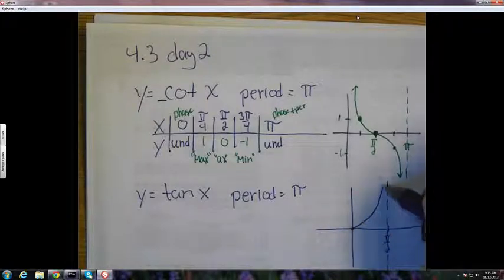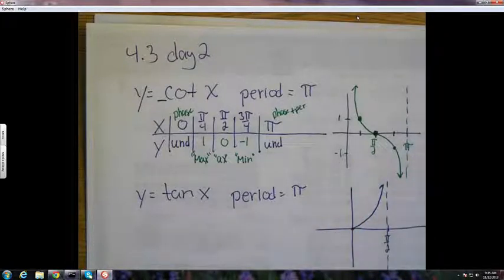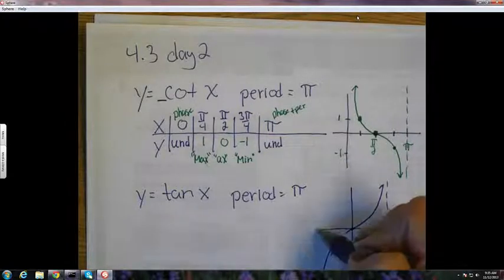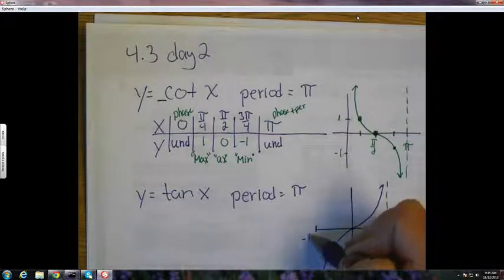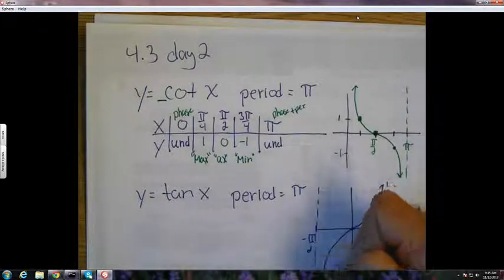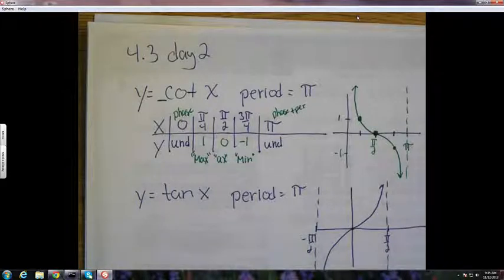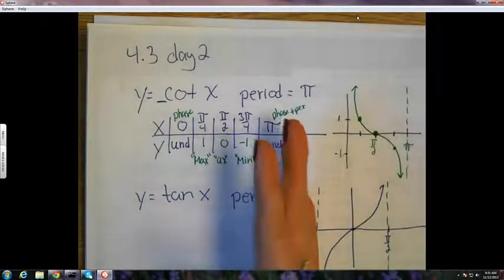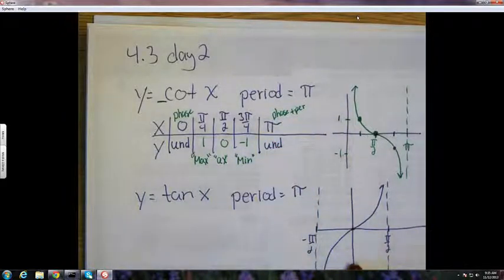That's half of tangent. What we're missing is the other half that's down back here, which is at negative pi over 2. So the first cycle of tangent technically starts at negative pi over 2. That's what I mean. It's not starting itself at the y-axis like all 5 other graphs do. So what that does for us is it screws up our starting x value.